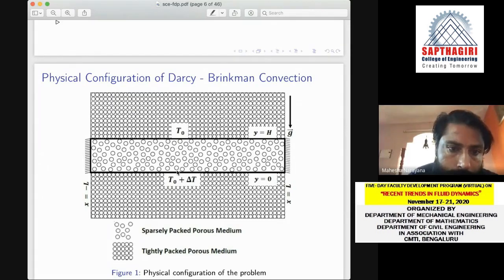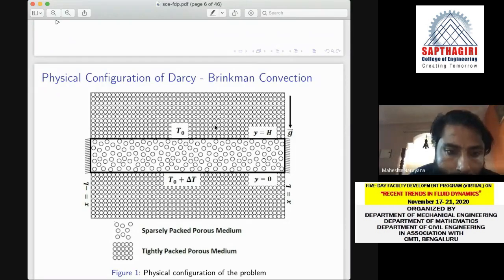The lower horizontal plate is maintained at a higher temperature, T0 plus delta T, and the upper horizontal plate is maintained at a lower temperature, T0. The enclosure is filled with a sparsely packed porous medium, and the environments above the upper plate and below the lower plate are filled with tightly packed porous medium.